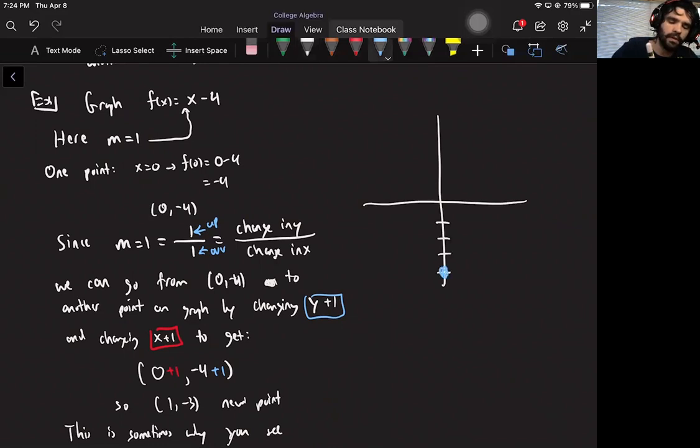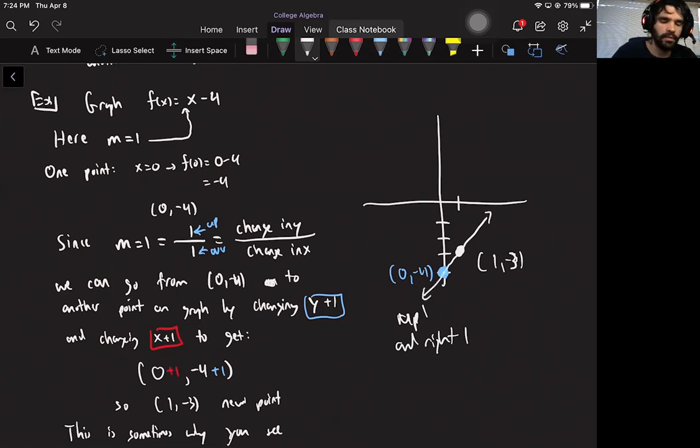As soon as I know this guy, if I want to get to another point on the graph without plugging anything else in, all I have to do is go up 1 and right 1 from there. So I can go up and right, takes me to what I predicted, which was 1 comma -3. And that'll get me a second point.